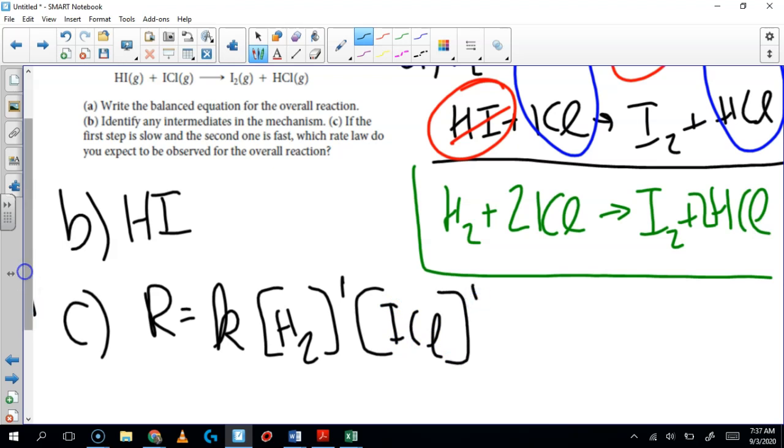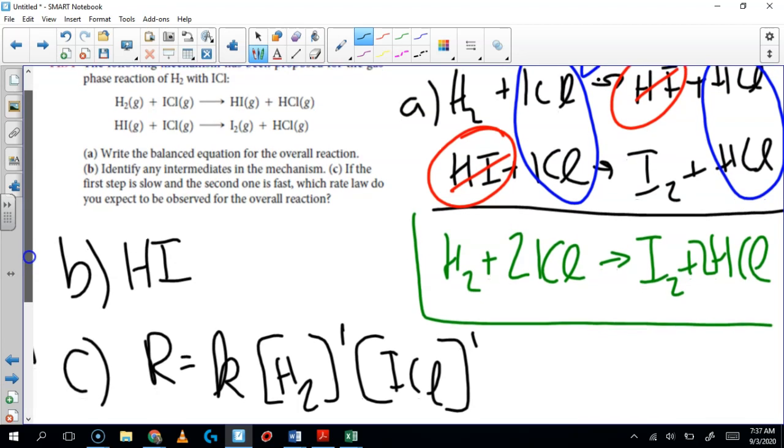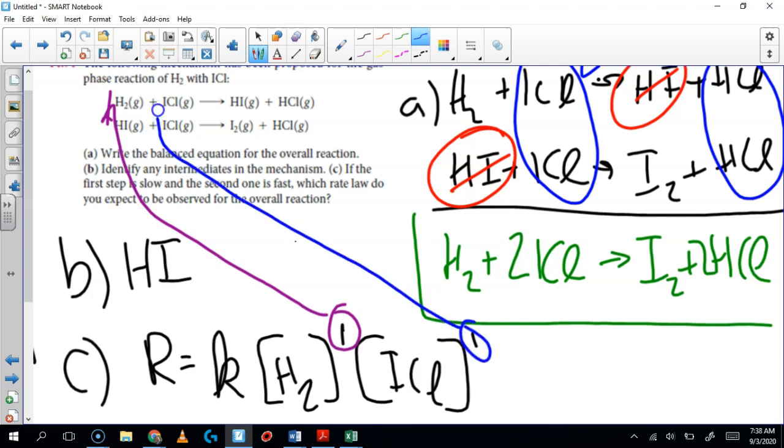And so remember, when you have elementary steps, the power reflects the coefficient of each species in the step. So this is a 1, and we look at the elementary step, and that's a 1. Okay, so there's question 14.71, and have a great day, everybody.